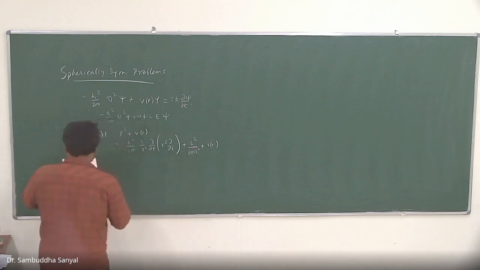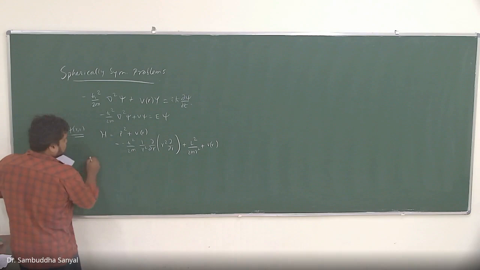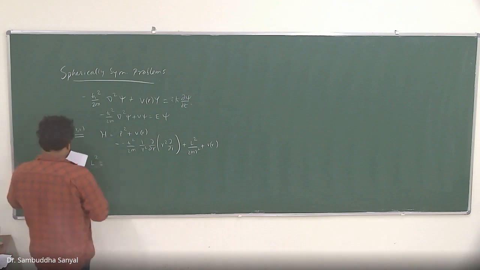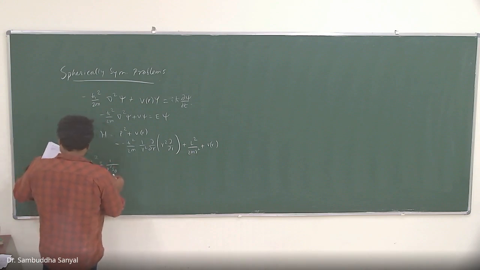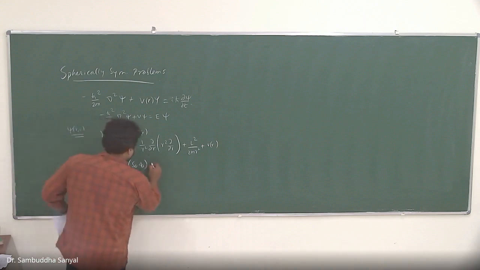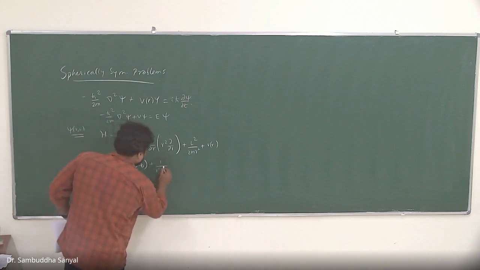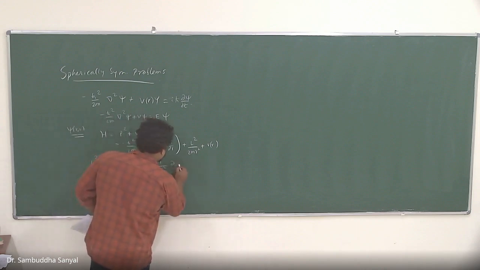Okay, so this part, we said that. What was the form of L squared? So L squared is of the form minus 1 by sin theta del by del theta of sin theta del by del theta, plus 1 by sin squared theta del squared by del phi squared.